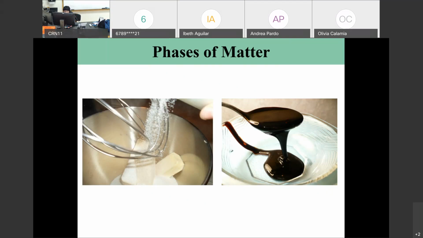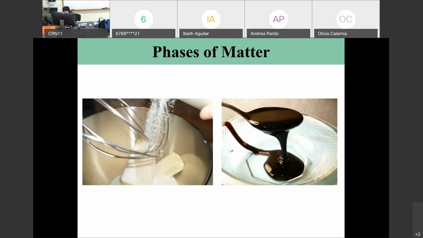Anyway, so there are cases where you have substances that it's not very obvious what state they are. For example, when you have granulated sugar, right? That's solid, but it takes the shape of the container, right? But that's because when you analyze a single granule of sugar, it's solid, right? It's just very tiny.